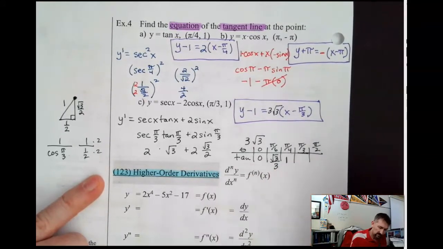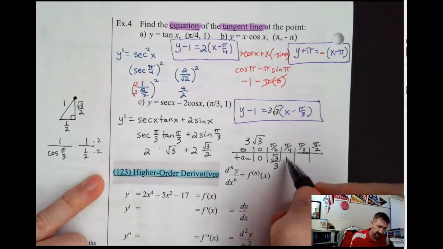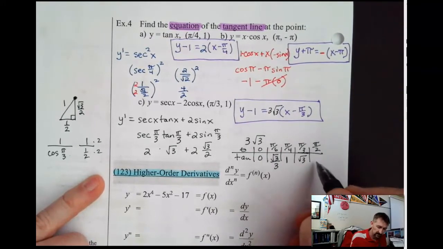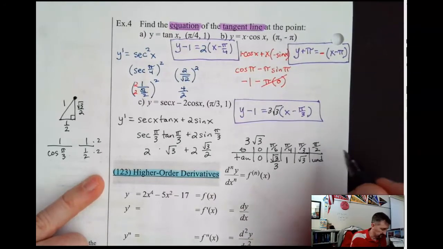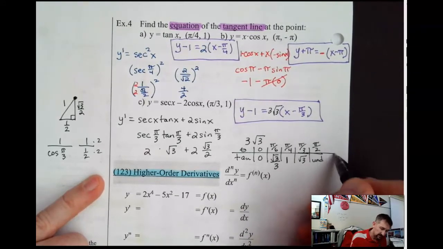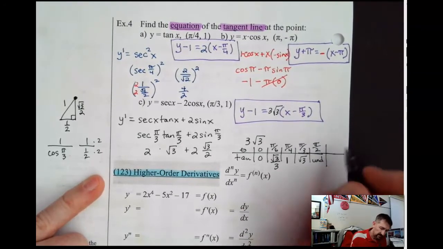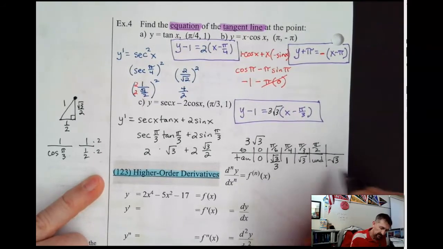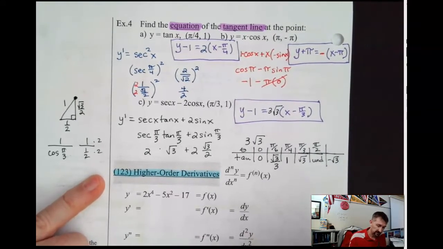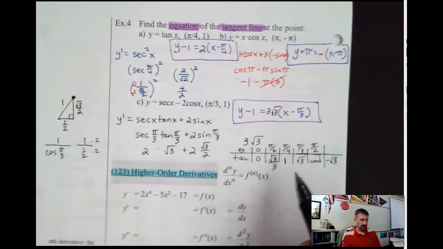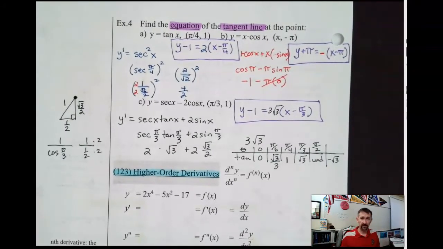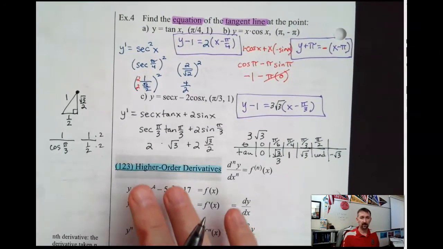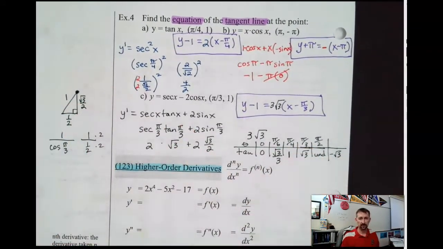This is 1. Tangent of 45, opposite over adjacent, right isosceles triangle. This is just root 3, and this is undefined. And then it continues, you keep going through there. This will be negative root 3, and it goes back down the other way. So there's lots of different ways you can figure out stuff in trig. You can use a unit circle, you can use triangles, you can use tables.